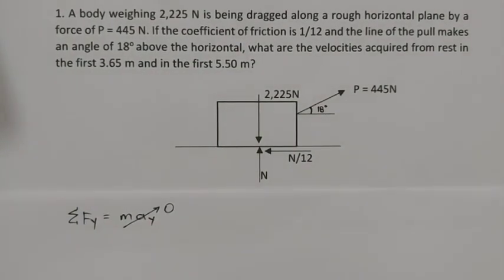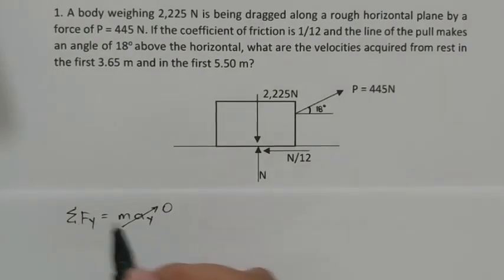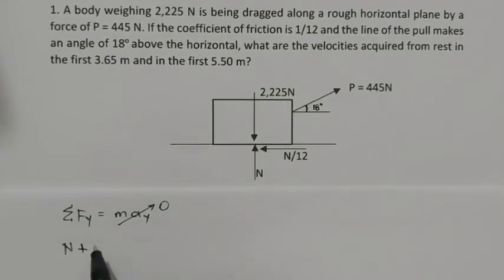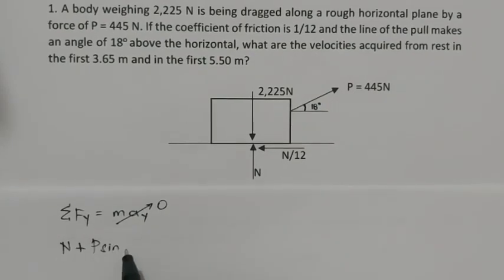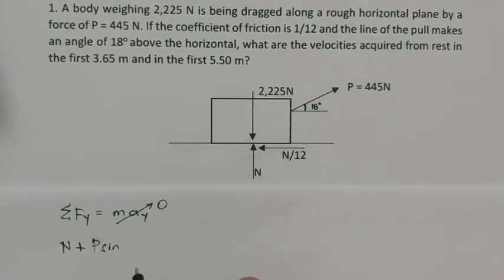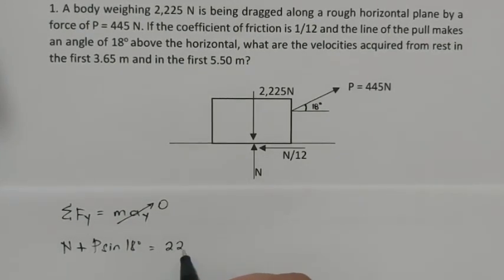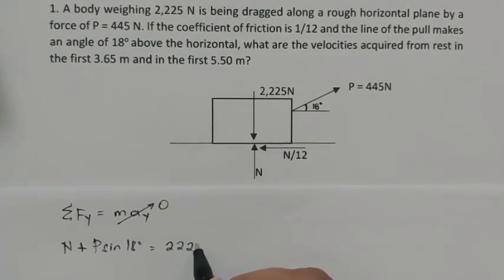From our problem, we can see that N plus P sine 18 is equal to the weight, 2,225 Newton.